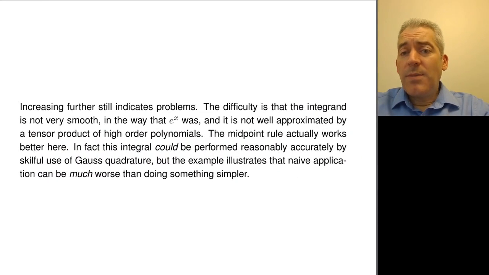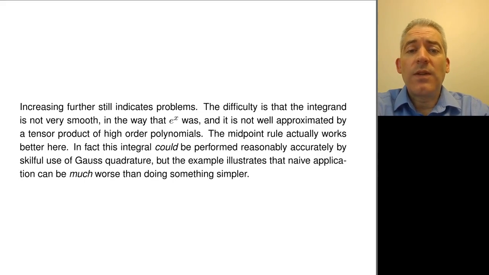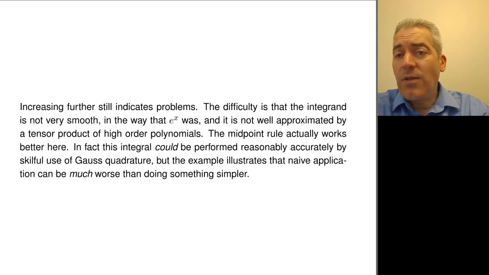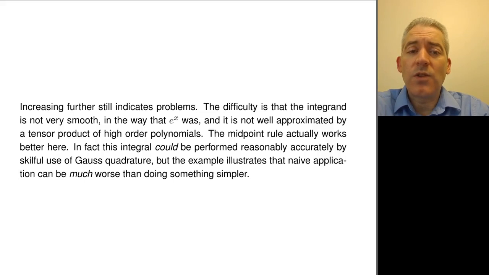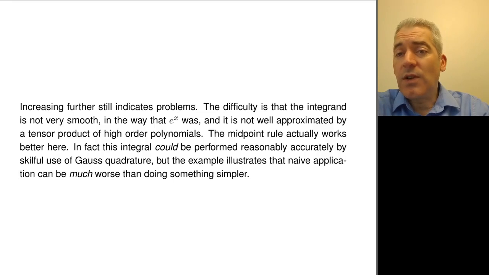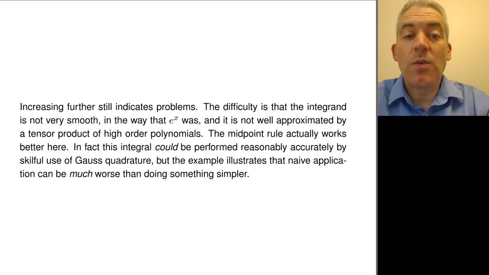You could keep on going and try to further ramp up the number of evaluation points for your Gaussian quadrature, but it just turns out that this function isn't a particularly good fit for Gauss quadrature. There are variants of Gauss quadrature, so there are smarter things you could do, and you could get Gauss quadrature to work better for this example if you knew some further tricks. But it just illustrates the point that it doesn't always work perfectly.